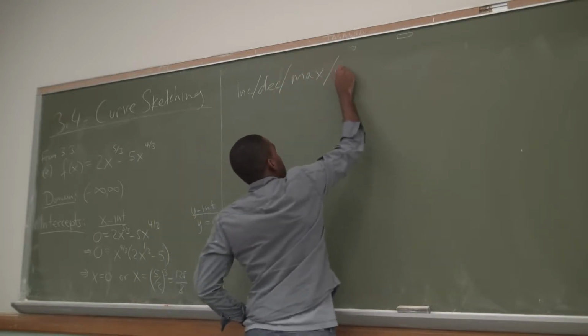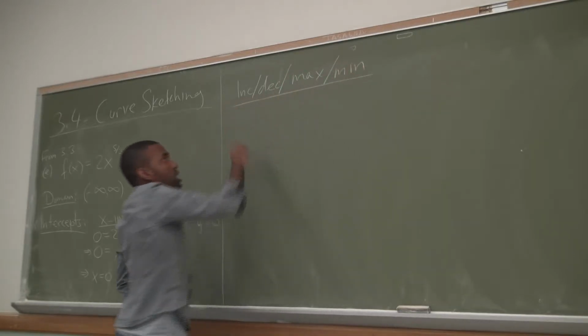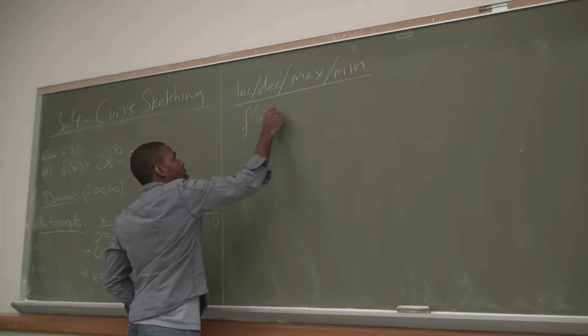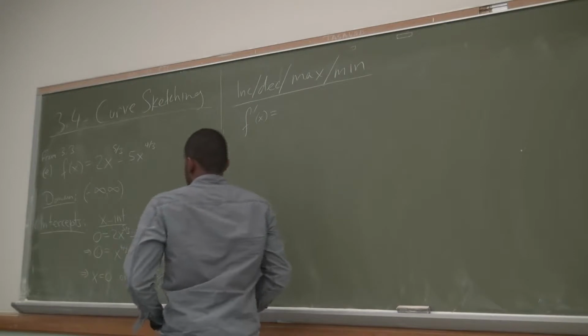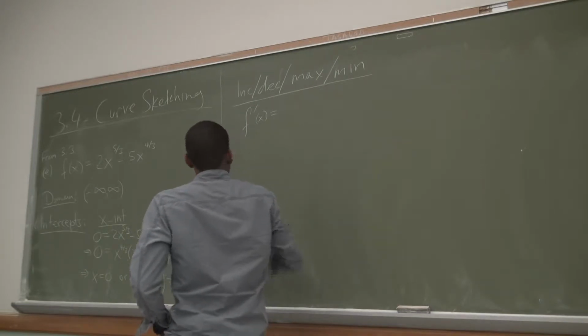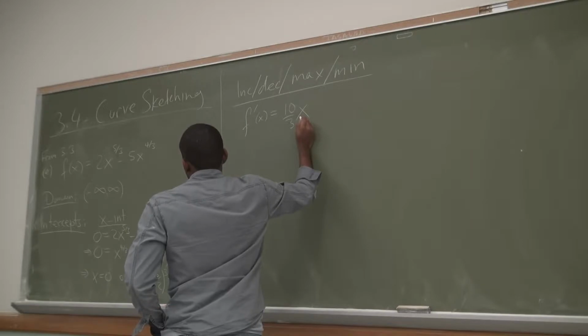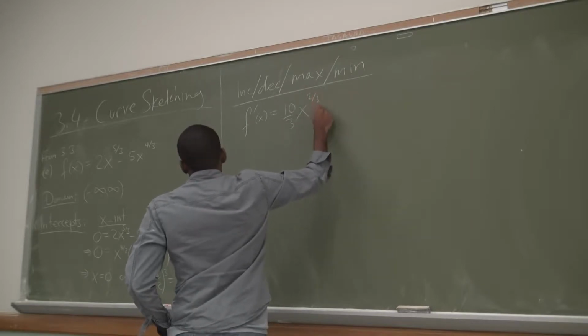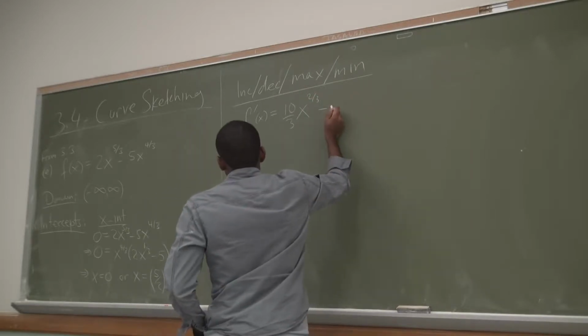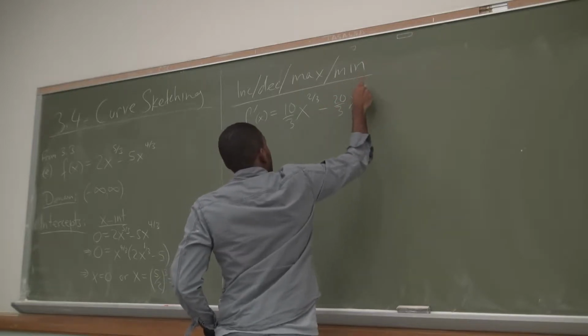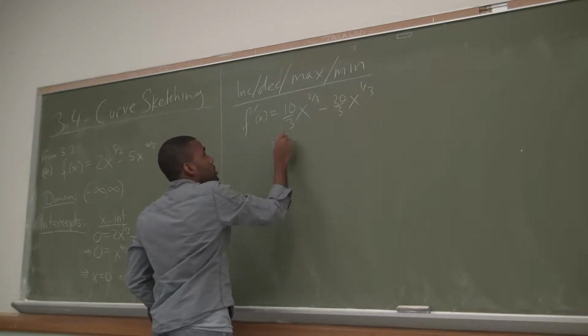All of that is taken care of in one step, because it all comes from the first derivative. Of this function, what is that? It's 10/3 x to the 2/3 minus 20/3 x to the 1/3.